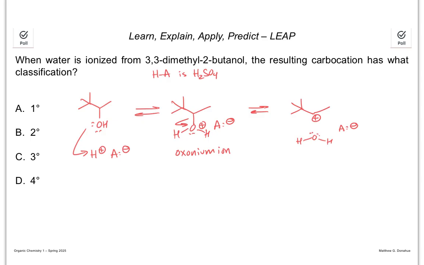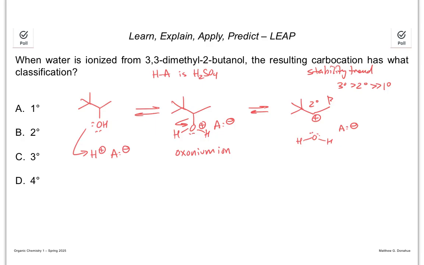So if we classify that carbocation, we find that it's secondary. It has 2 carbon substituents. So the carbocation stability trend was tertiary greater than secondary, much, much greater than primary. So we formed a secondary carbocation.